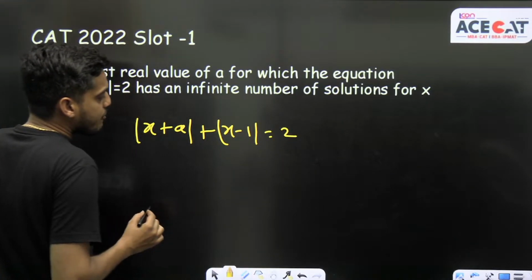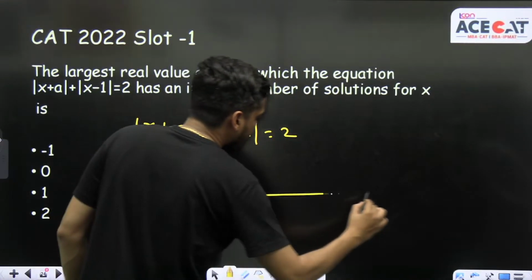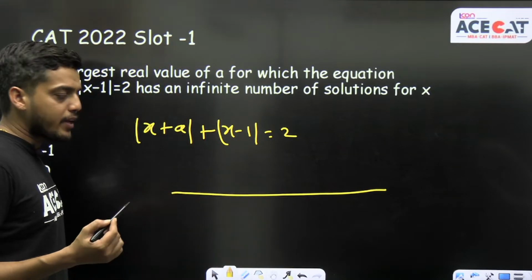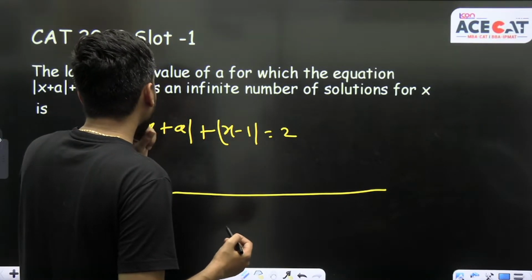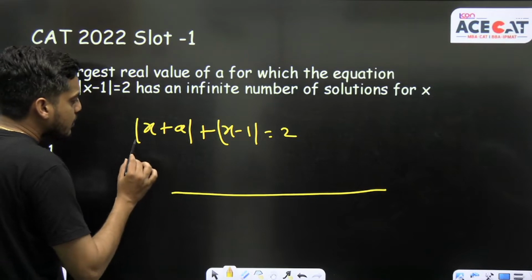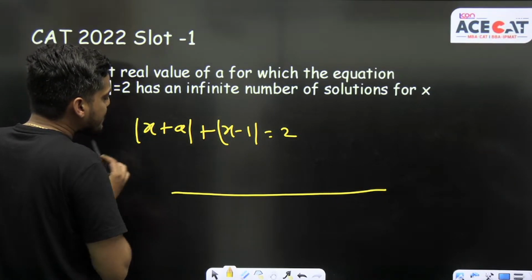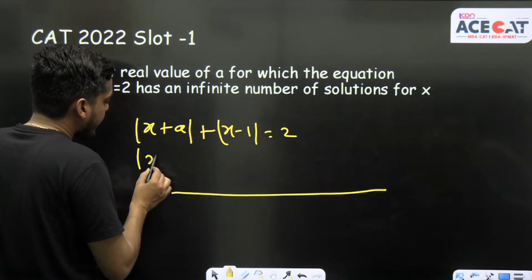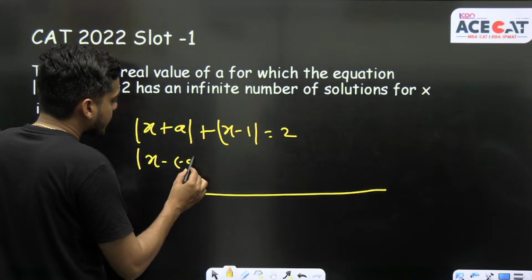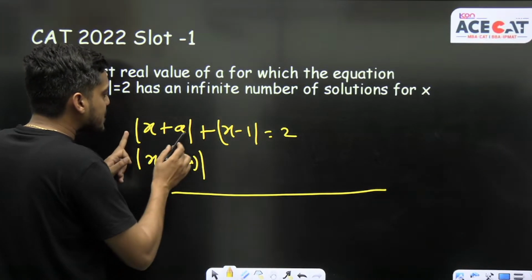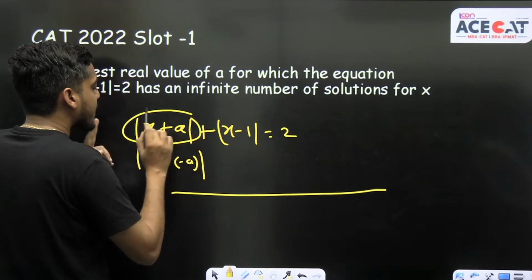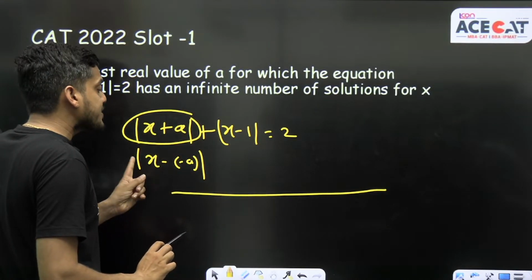On the number line, x can be anywhere. First of all, x plus a is nothing but x minus of minus a. It means this function denotes the distance between the 2 points x and minus a.